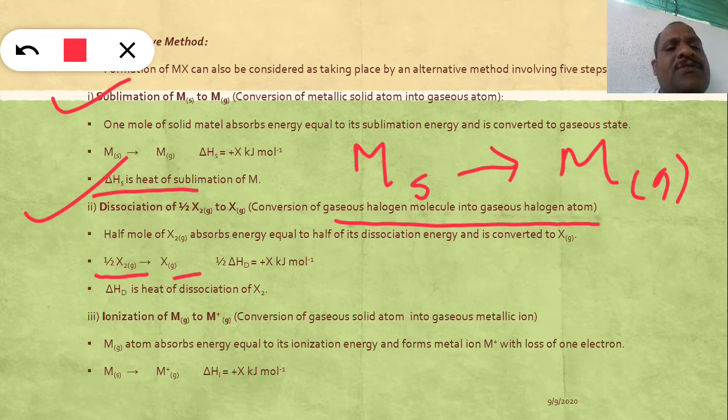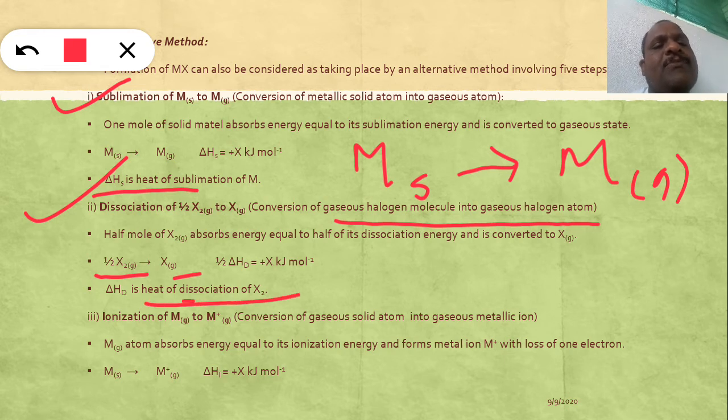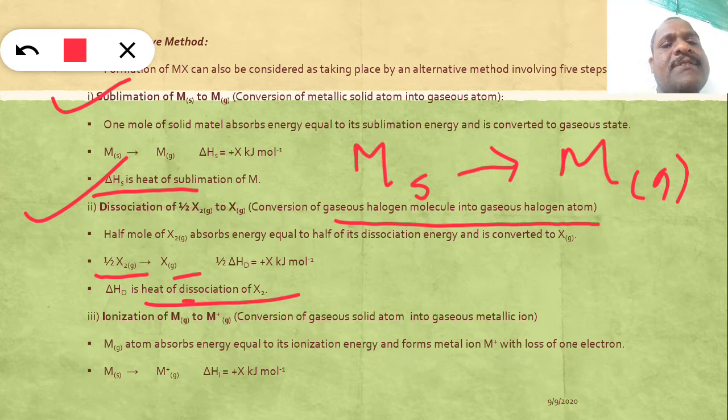Again a dissociation takes place, and that's why the heat absorbed is called the heat of dissociation of X2. So 1/2 X2 gaseous gives X gas.